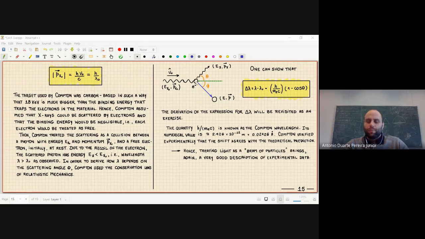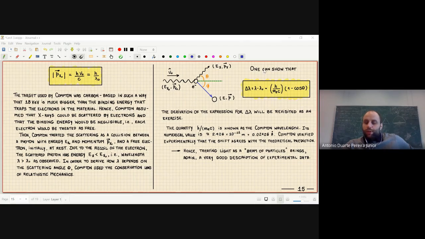And you can say, well, the electron should move a little bit and the photon as well. But you can think about the following.